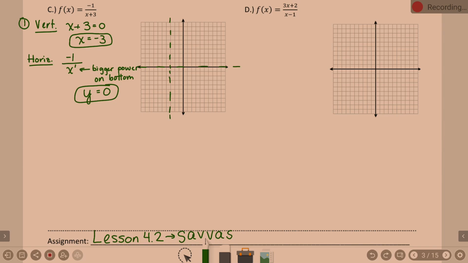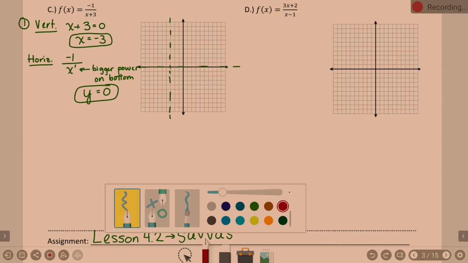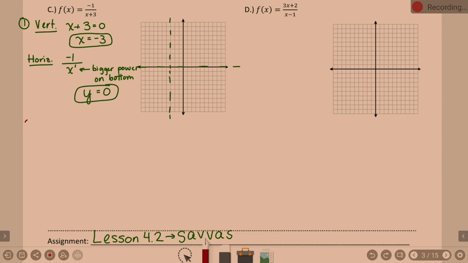So now we have our 4 pieces of the graph, right? Use some intercepts to help you figure out what's going on. If we start with our x-intercept, x-intercepts happen when y is 0. What's that mean up top? It's setting the numerator equal to 0, yes?